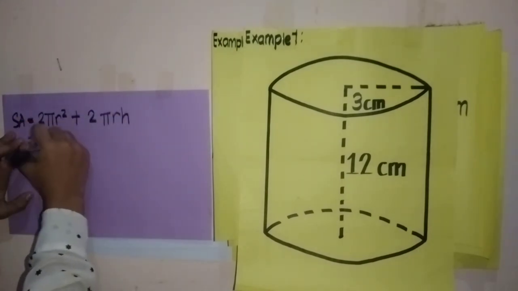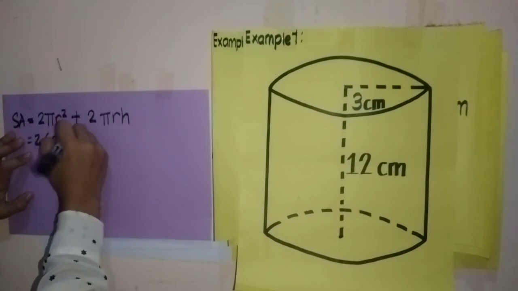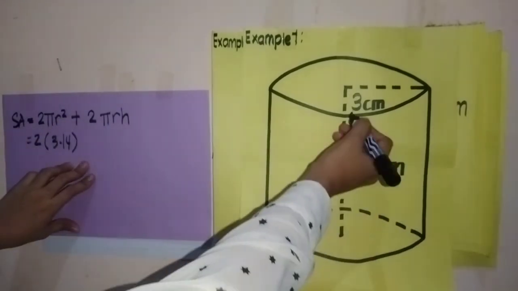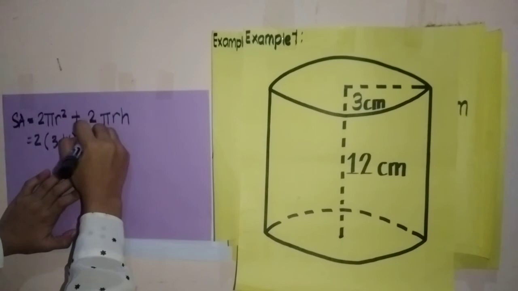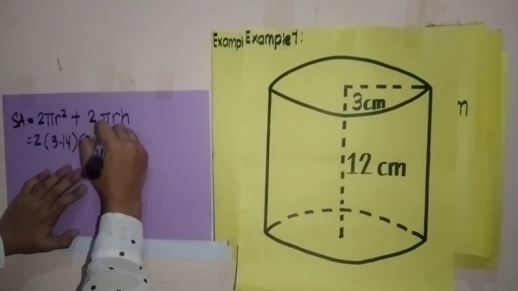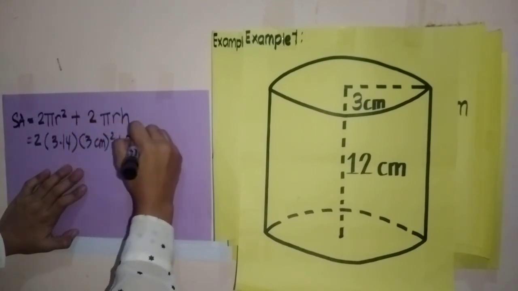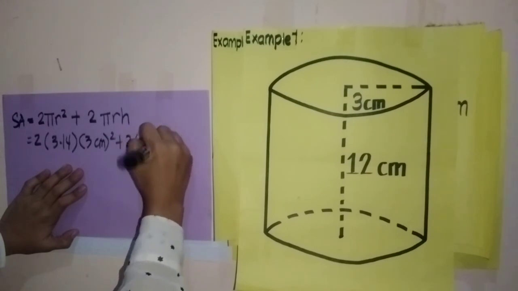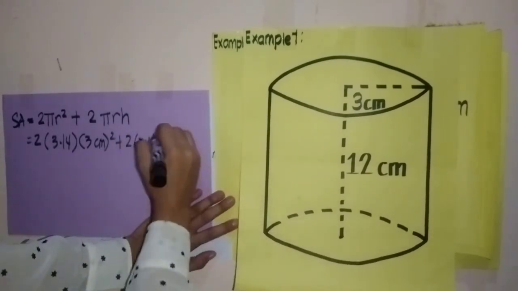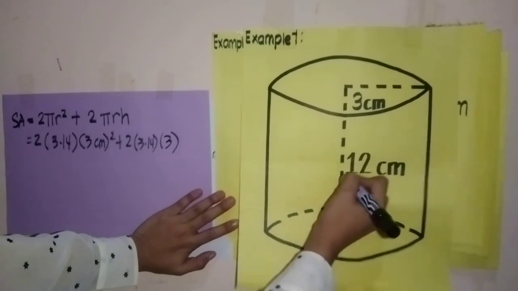So 3.14 times radius, which is 3, so 3 centimeters squared, plus 3.14 times radius 3 times 12.